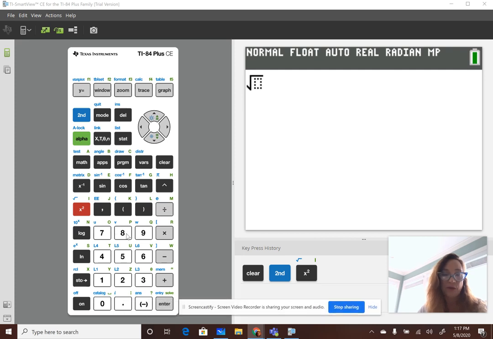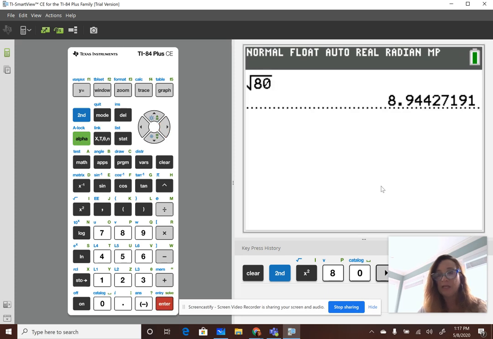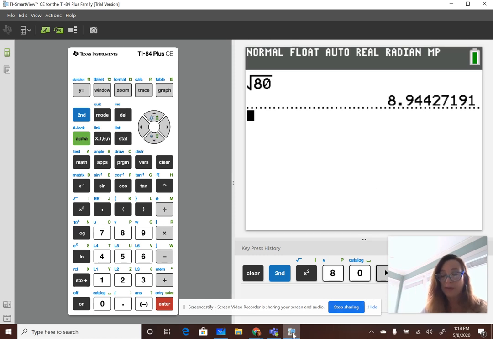Okay, and then I do the square root of 80, and I hit enter. So 8.94, super close. Think of like 9 as being $9, and then somebody said to you, I have $8.94. They're really close. Okay, so they want the nearest tenth, so the 9 looks at the 4, and the 4 says stay. So our answer is going to be 8.9.